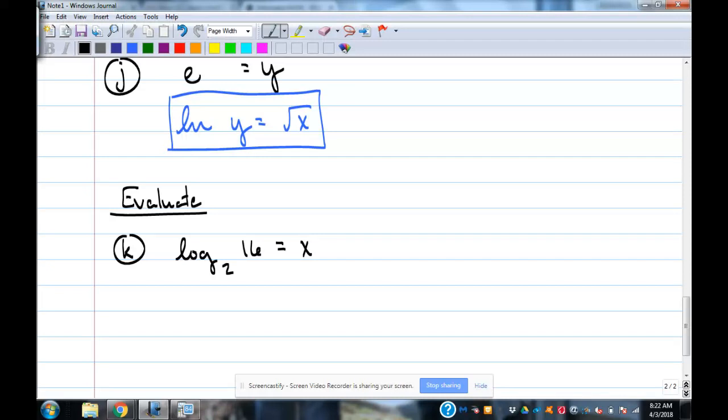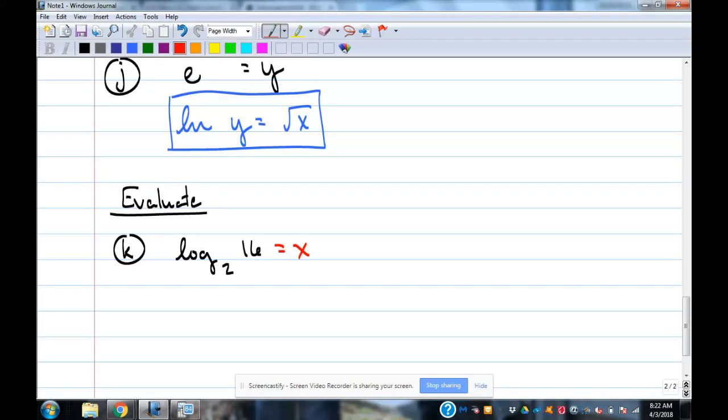So this is kind of like solving an equation. I'm setting it up as an equation right now. They may give you the problem, just say that, and say evaluate it. When they do that, what I like to do is say, okay, if I'm going to evaluate that, I'm going to say it's equal to x. And then I can rewrite it as an exponential, because I'm just introducing a variable to that. That makes rewriting as an exponential really easy.